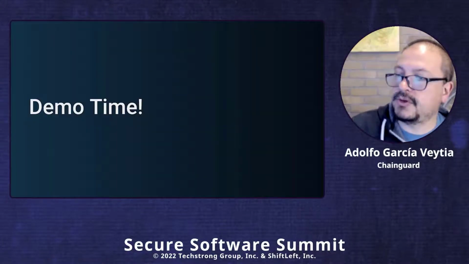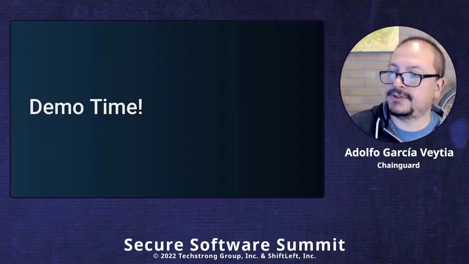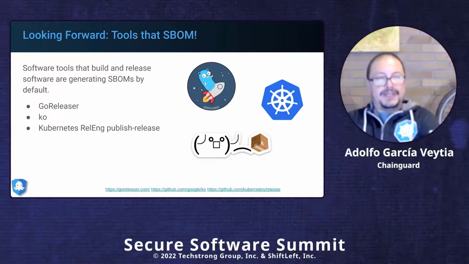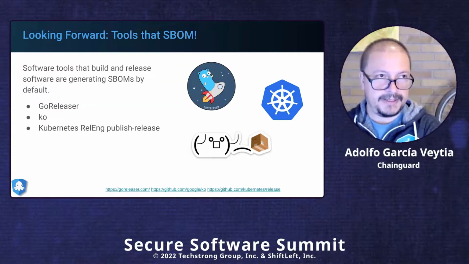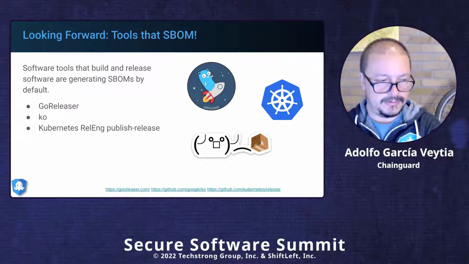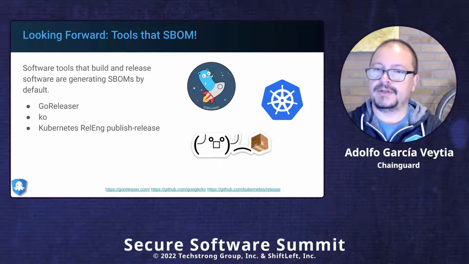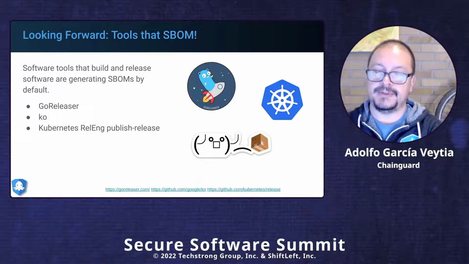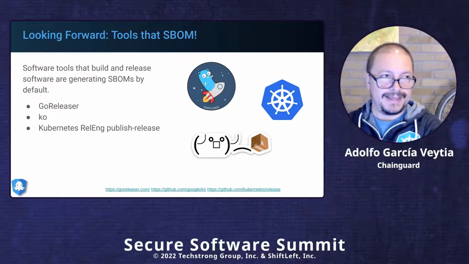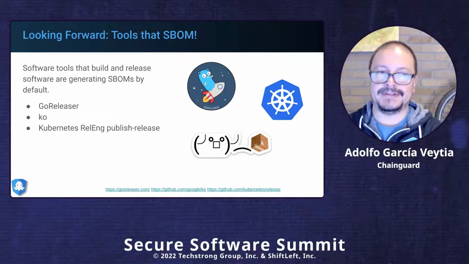So you saw that tool in action, but what is the future? A nice trend that we're noticing as of a few months back is that some of the tools that release software, that compile software, that produce container images are starting to gain SBOM generating abilities.